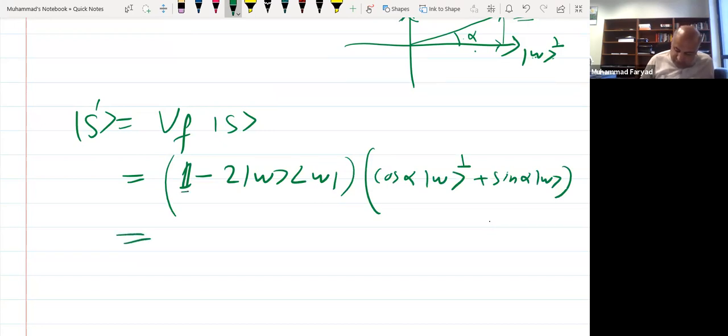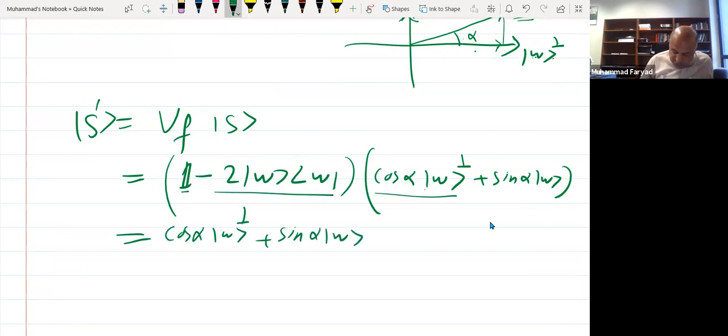This identity, when it operates on both, gives them back as they are, cosine alpha omega perpendicular plus sine alpha omega. Now when the omega bra applies to omega perpendicular, omega into omega perpendicular will be 0, so I will get 0. And when it operates on omega, omega into omega will be 1 because they are normalized vectors, and I will get minus 2 sine alpha omega.